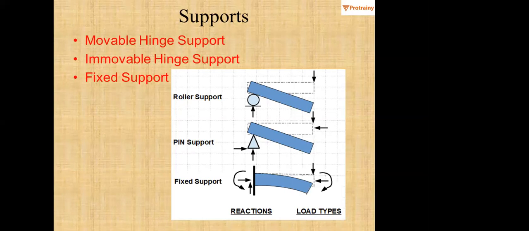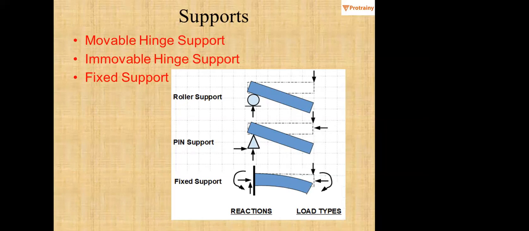For example, in STAAD or ETABS, you have modeled a particular frame structure, and you forget to provide restraints to its base columns, or whatever you are creating at its base. Whether it's simply supported or fixed, it doesn't matter. If you run the analysis, you are going to get a message that your structure is not stable because it is not resting on anything. If there is no support, there is no structure and there is no analysis. That's how important supports are.